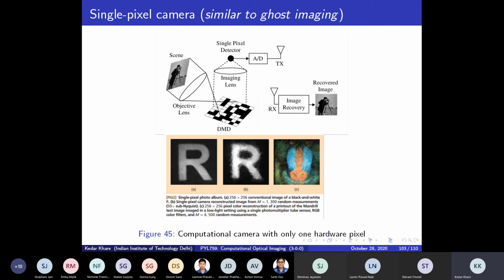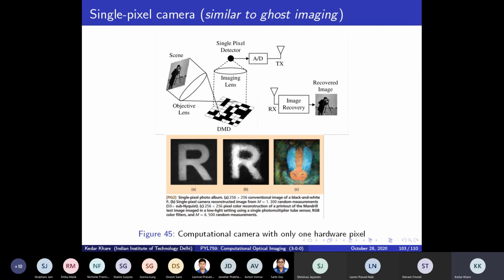And then this return light, you don't worry about how distorted it is, but you just collect the total light with a condenser or telescope or something like that. And so you can operate a single pixel camera in this way.